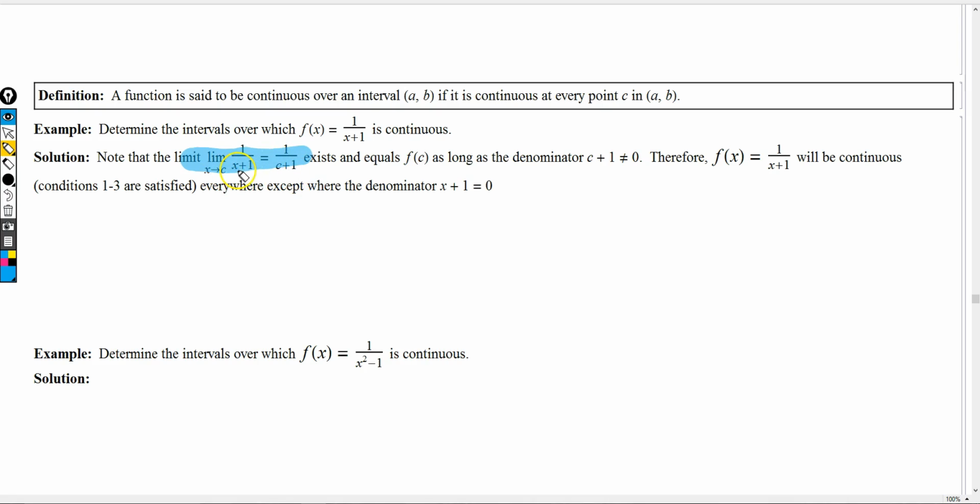I can just plug the c in for x, and that equals f of c as long as the denominator c plus 1 does not equal 0. So therefore this function will be continuous everywhere except where the denominator is equal to 0. So all we have to do is find where the denominator is equal to 0.